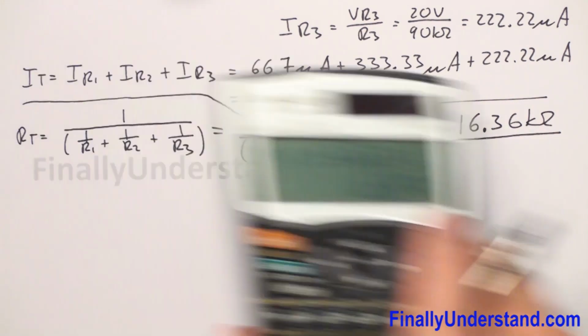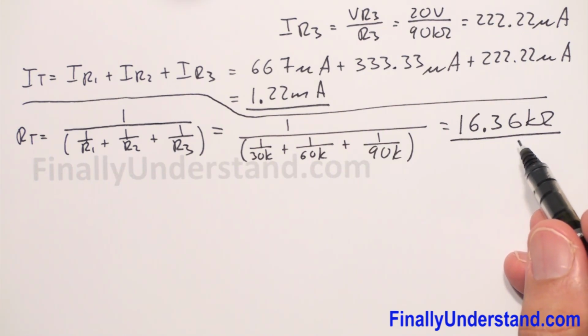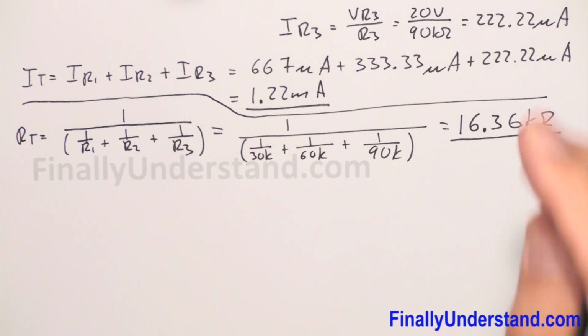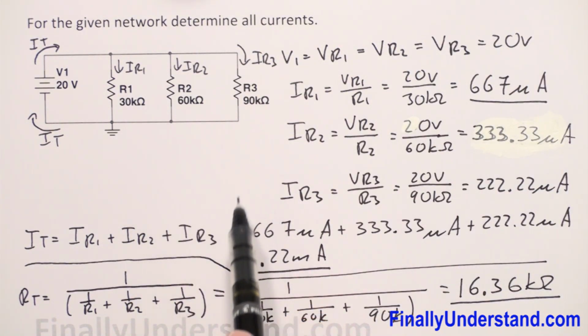Let me just remind you that total resistance in a parallel circuit must always be less than the lowest resistance in the circuit.